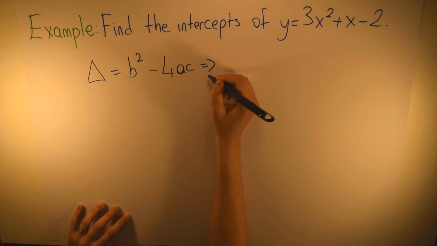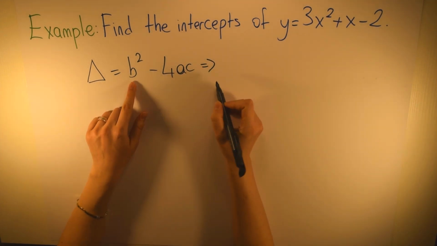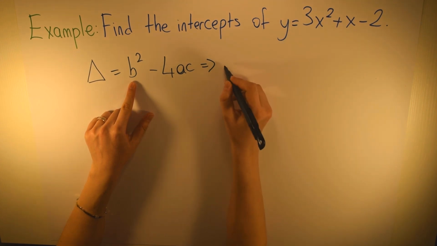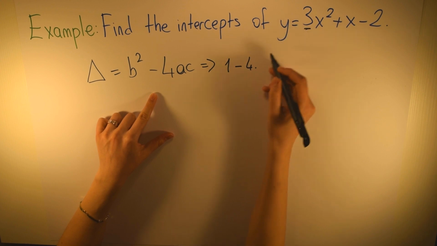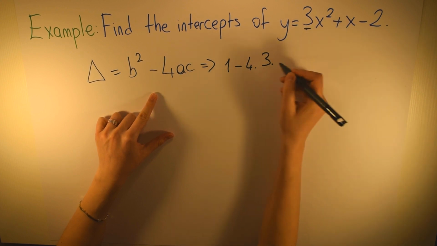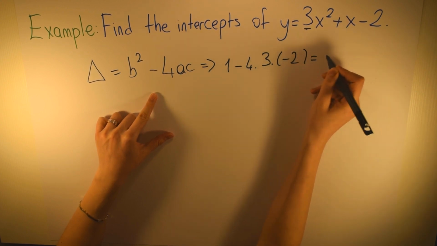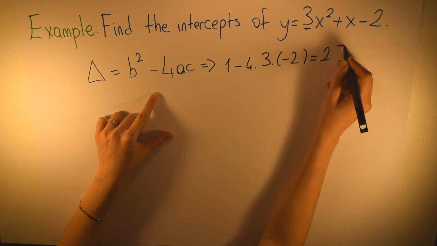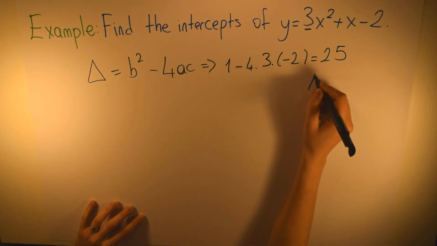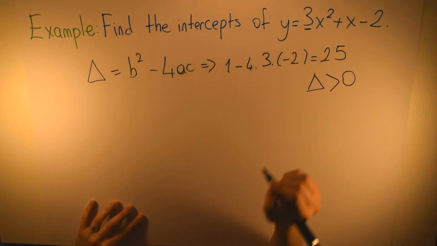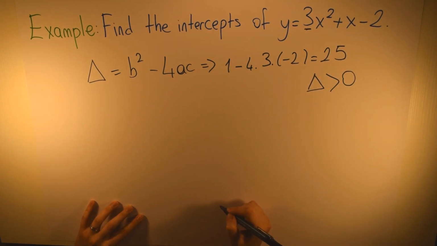So this is equal to b, it's 1, squared, minus 4 times a, it's 3, times c, it's minus 2. So from here we found 25 as our discriminant value, which is greater than 0, which means it has two x-intercepts.